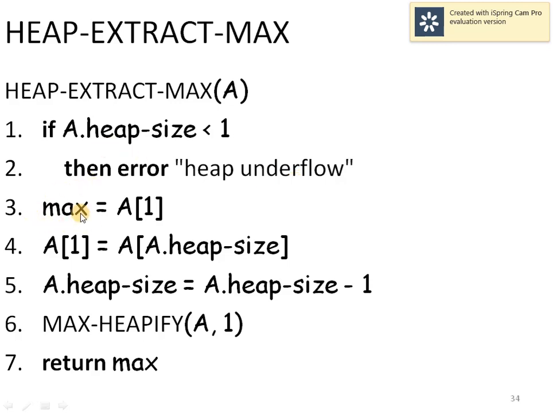Otherwise, we take a variable, let's say max, and store the value of the root element into it. Next, the root has to be replaced with the last element of the heap, reduce the heap size by 1, and then call max heapify at the root. Once the execution of max heapify finishes, the array A is in the state of a max heap data structure, and then we return the maximum element.